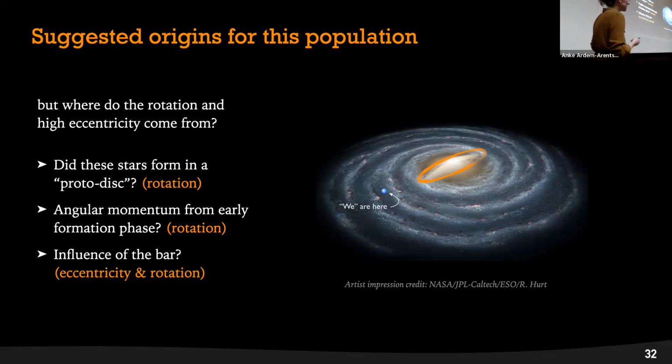This bar is quite massive and can influence the orbits of stars in the inner region of the Milky Way. It can make them more eccentric, and it can also capture them and sweep them up and make them rotate a little bit around the galactic center. So these are still all things that are being explored.